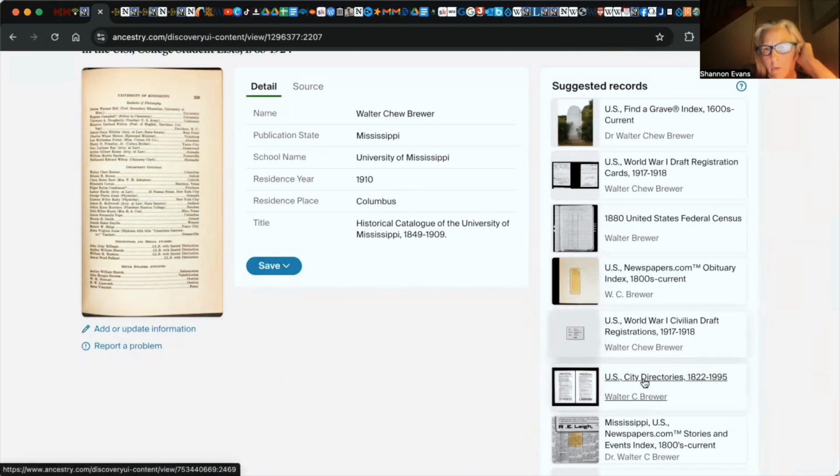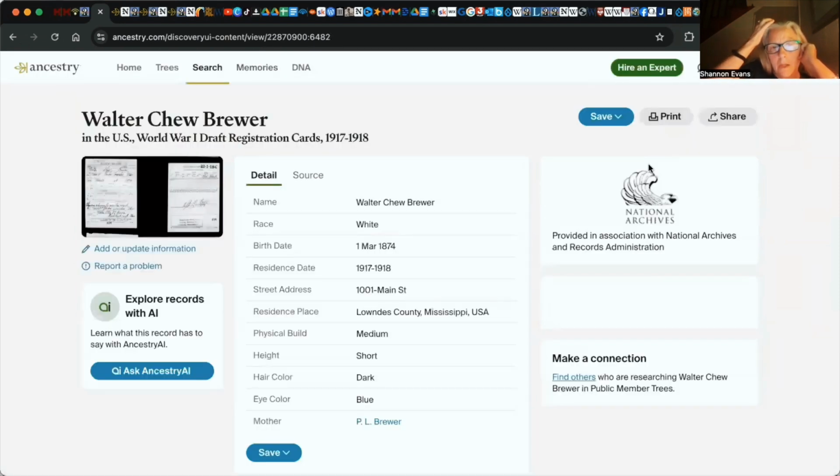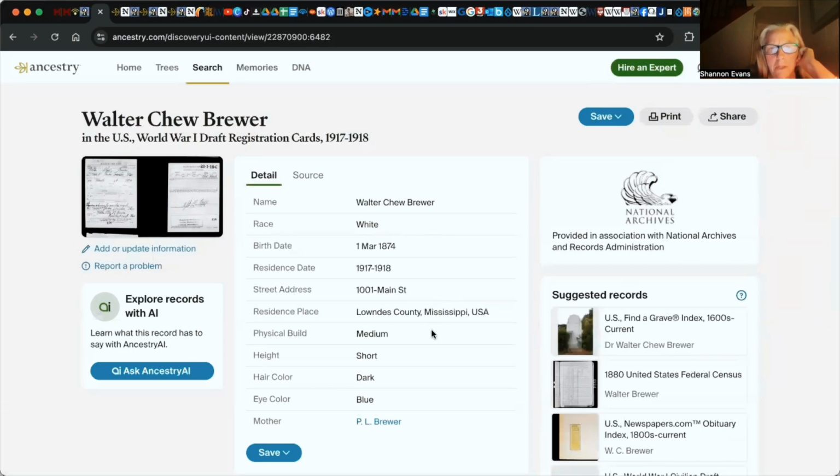So now I'm not sure what year this city directory is, but we've also got his World War I draft card and his civilian draft registration. So I'm going to pull up his draft card. His draft card has him in 1917, living at 1001 Main Street here in Columbus, Mississippi.